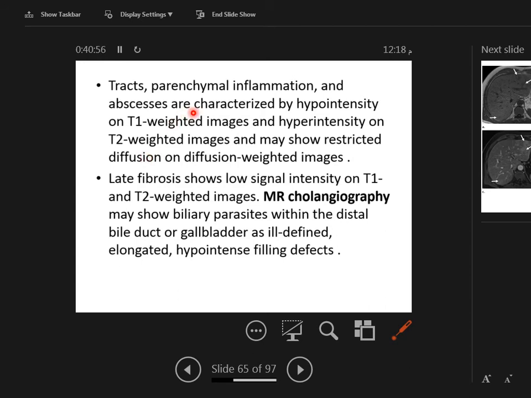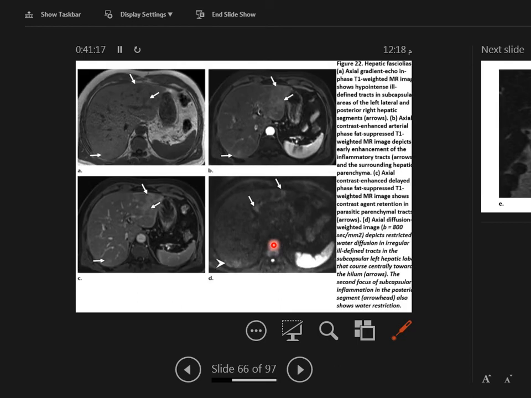Again, it will be hypo in T1 and hyper in T2. Shows restricted diffusion sometimes if it's an abscess, and at MR cholangiography we can see ill-defined elongated hypointense filling defect in the biliary duct.